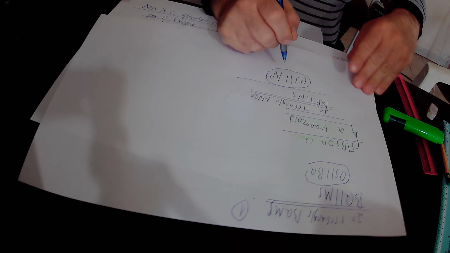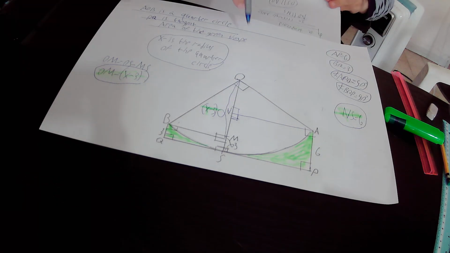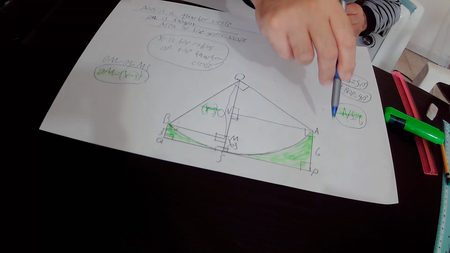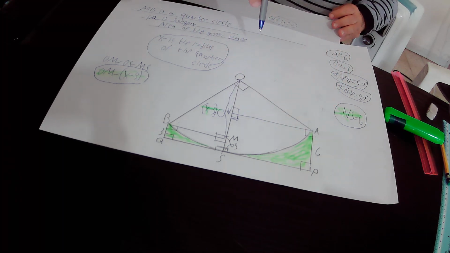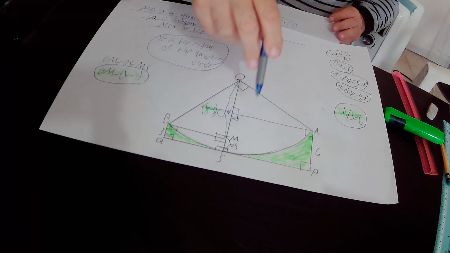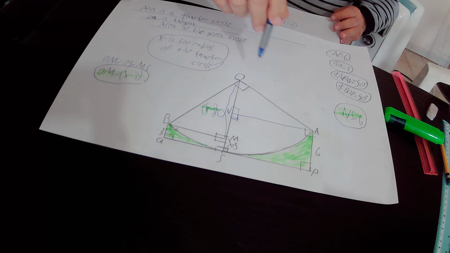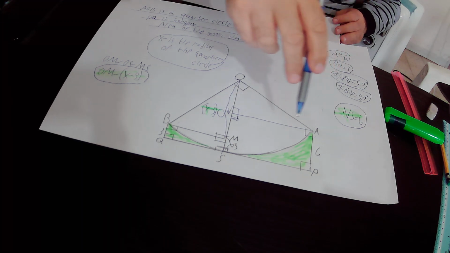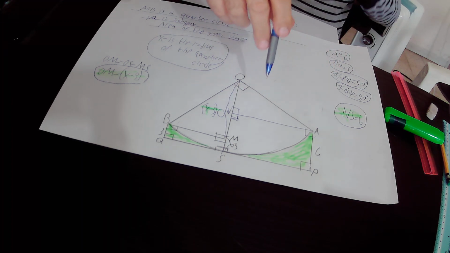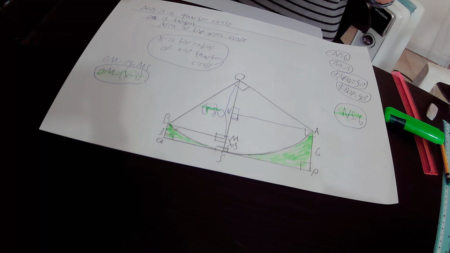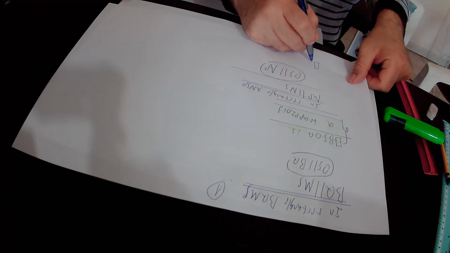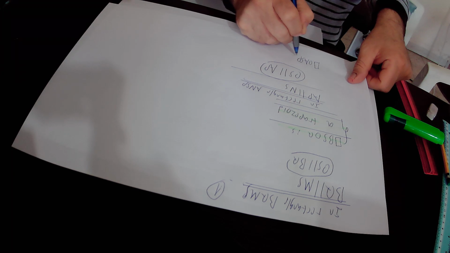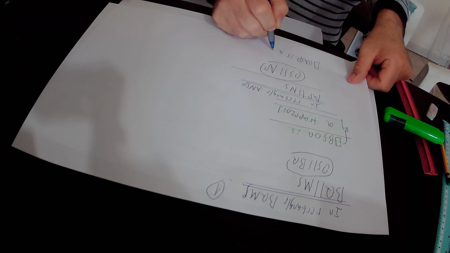So actually we found out that in quadrilateral OASP, we have one pair of parallel sides. That is to say, side OS is parallel to side AP, therefore this quadrilateral OASP is a trapezoid. So I write it down: quadrilateral OASP is a trapezoid.